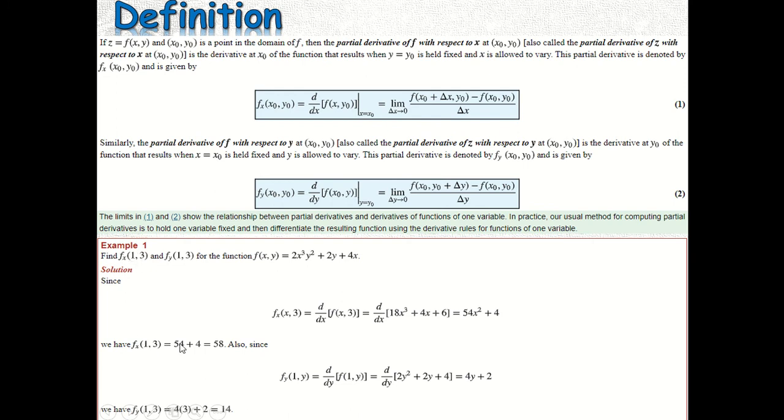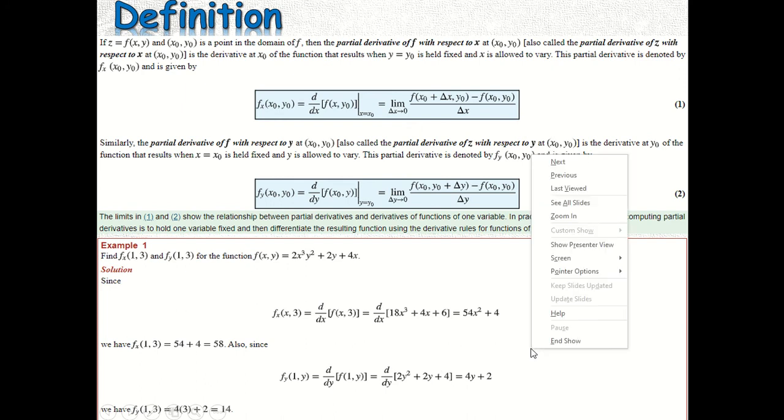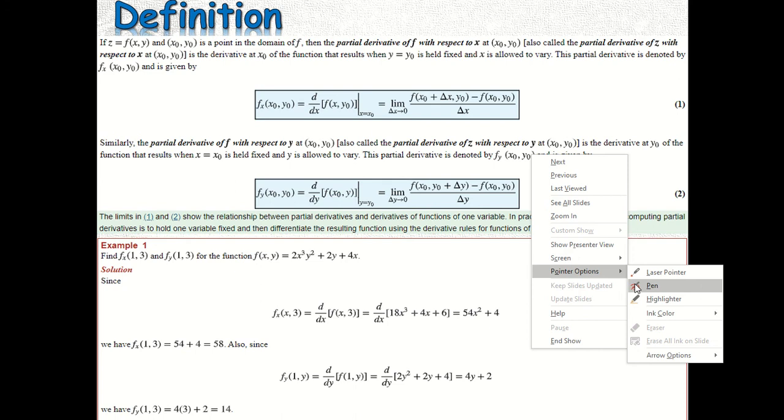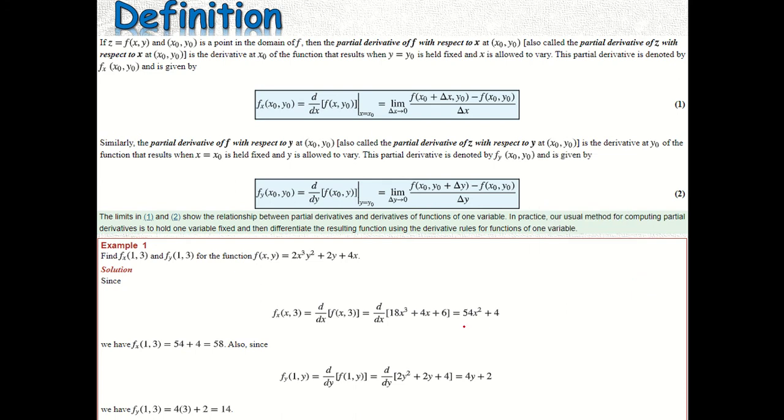So substituting the values, 54, and our x is equal to 1 as given in the problem, x sub 0, so multiplied by 1 squared, then plus 4.